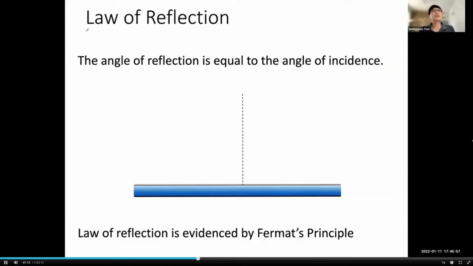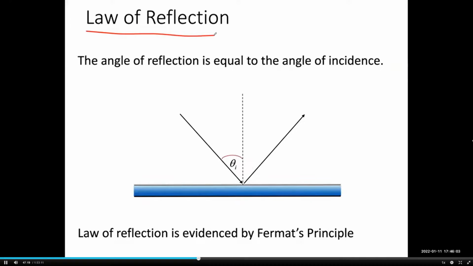Now, let's first look into the law of reflection. The law of reflection states that the angle of incidence is the same as the angle of reflection. I would like to highlight that these angles are always measured from the vertical line to the respective ray.